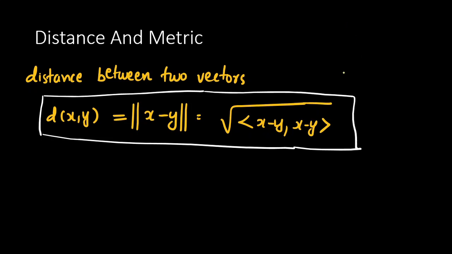Here x minus y is a vector. So if you have two vectors like this, here we have x and here you have y, this will be the x minus y vector. This is again a vector, and its length can be calculated as the square root of the inner product of x minus y with itself. That is the definition for distance.